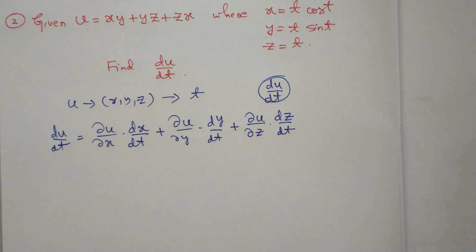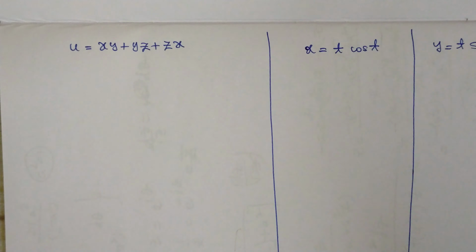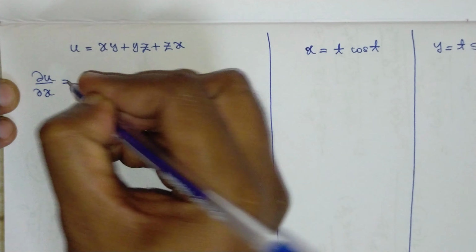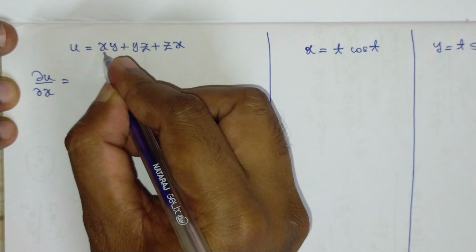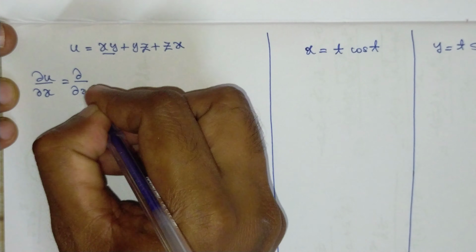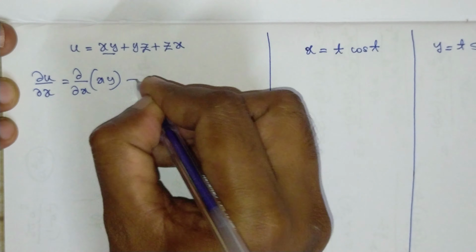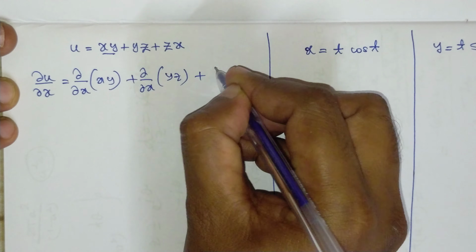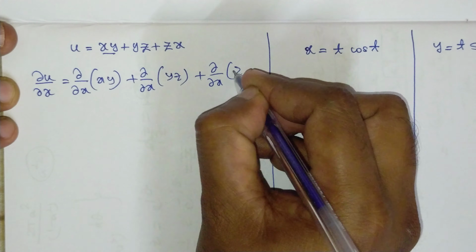So now let us calculate the derivatives here. Let us calculate dou u by dou x. Remember here y and z are constant. So dou by dou x of xy plus dou by dou x of yz plus dou by dou x of zx.